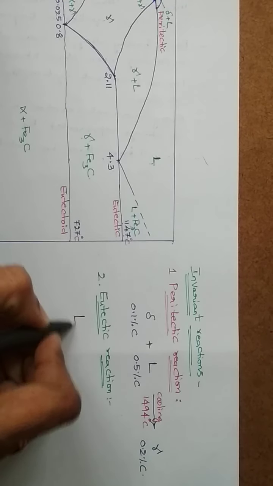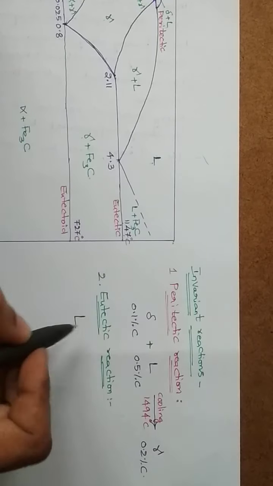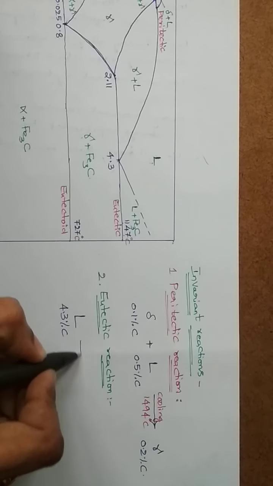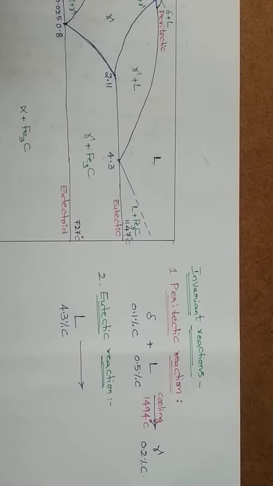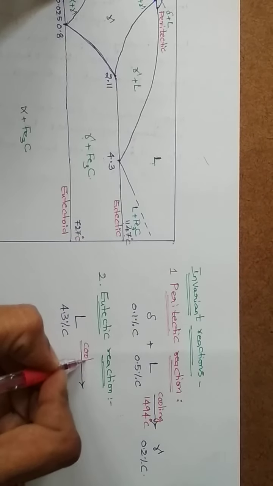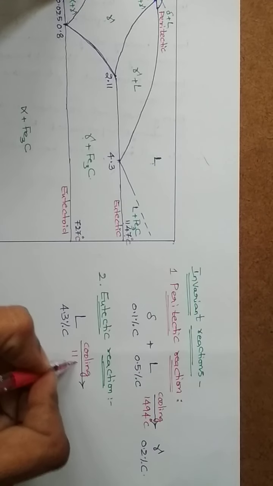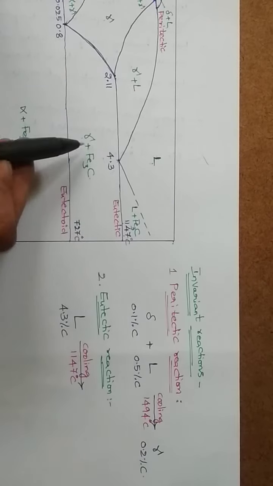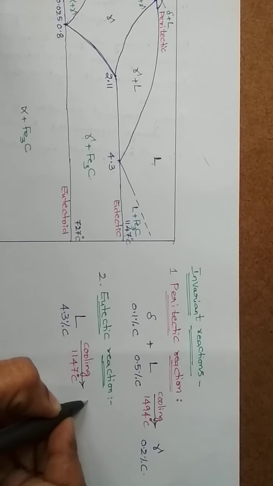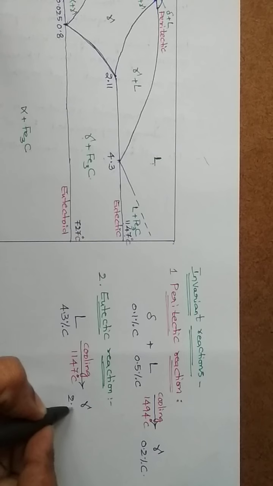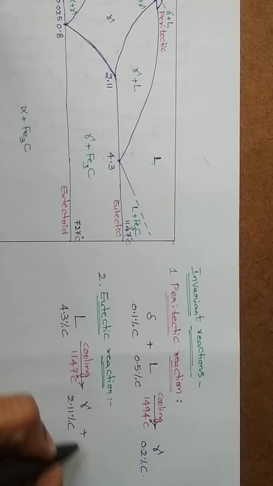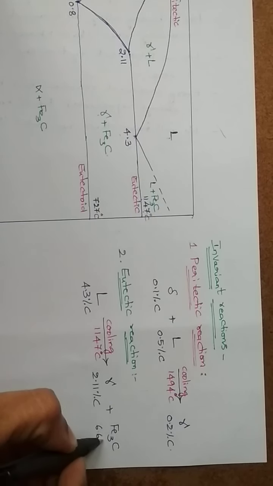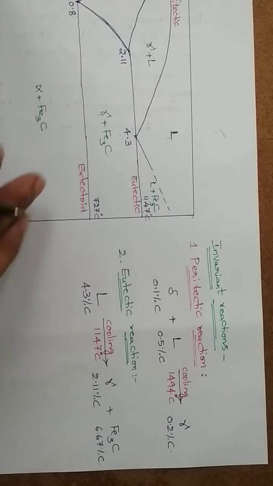Okay, so liquid containing 4.3% carbon on cooling, and the temperature is 1147 degrees centigrade, it is transforming to gamma containing 2.11% carbon plus Fe3C cementite containing 6.67% carbon.